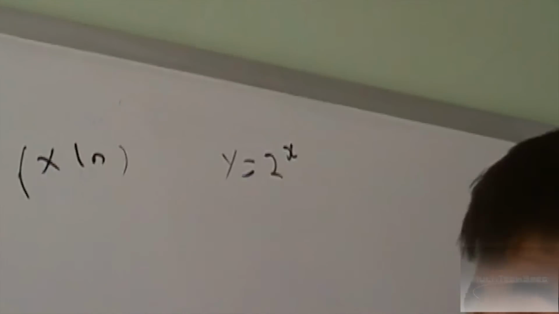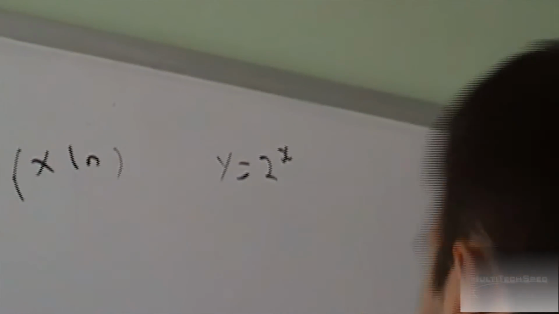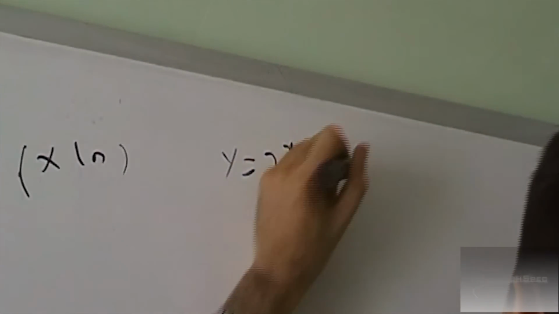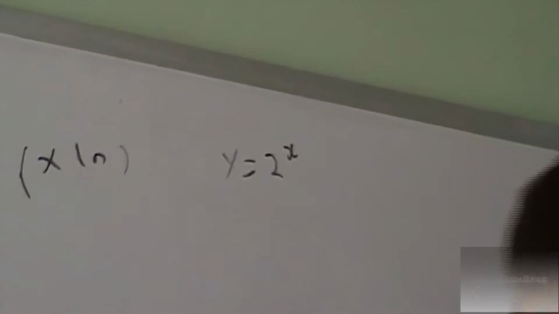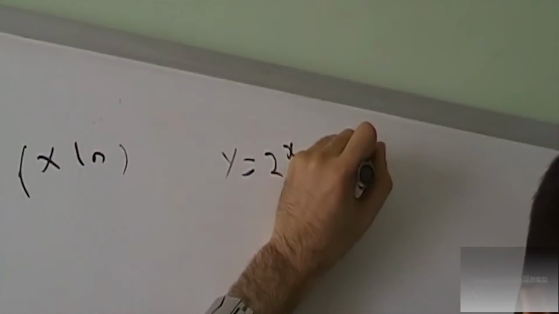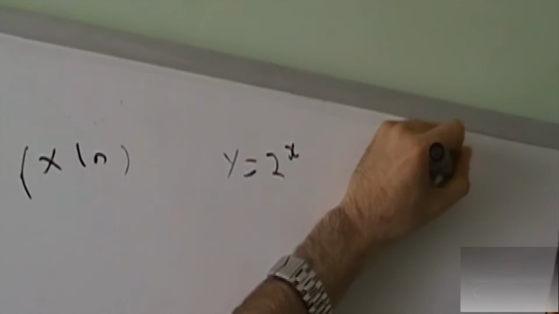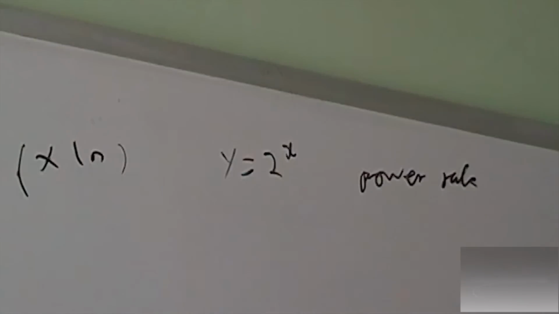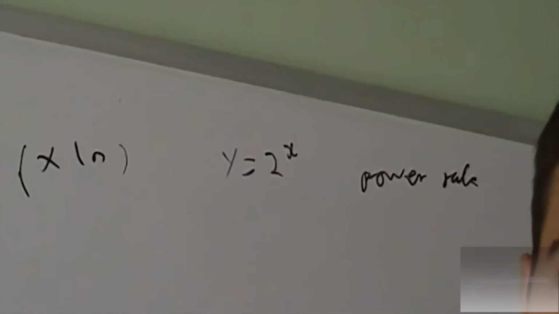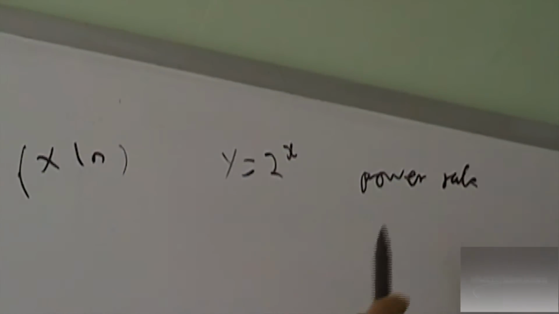Okay, so the first thing that we need to do is use the power rule in our rules of logs. So what is the power rule? Power rule, power law, doesn't matter, same thing. So y is equal to 2^x.